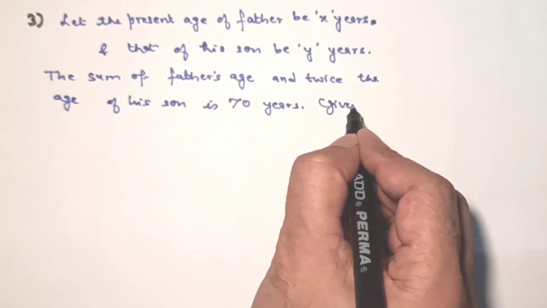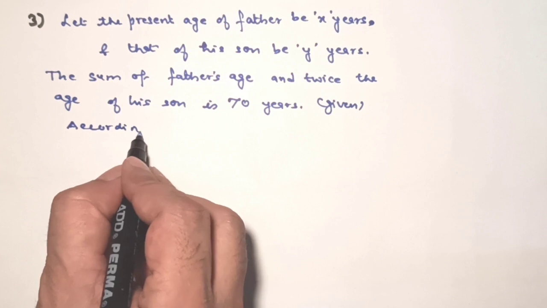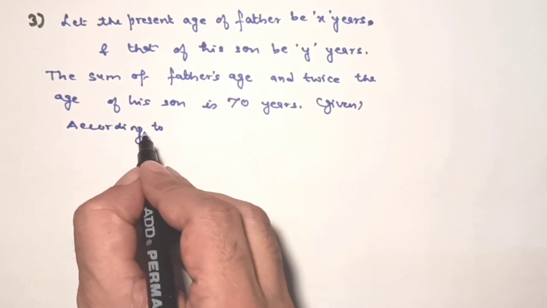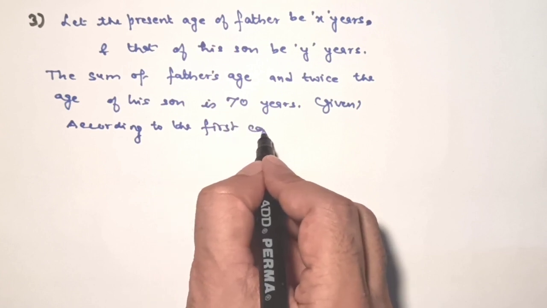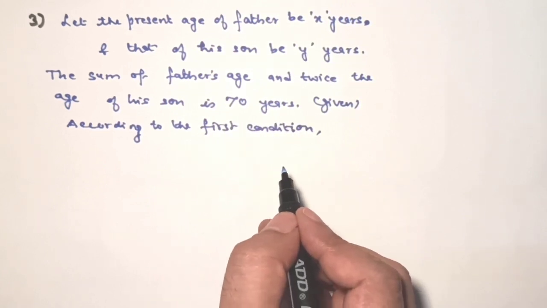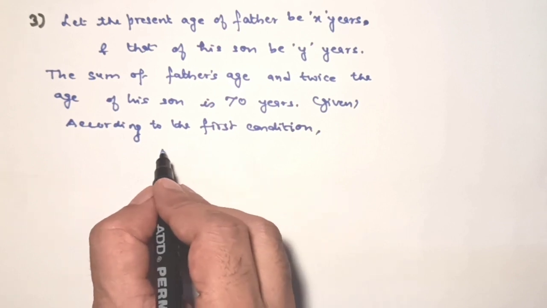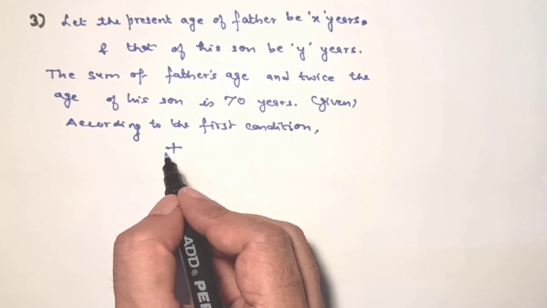So according to the first condition, you get sum is plus father's age.